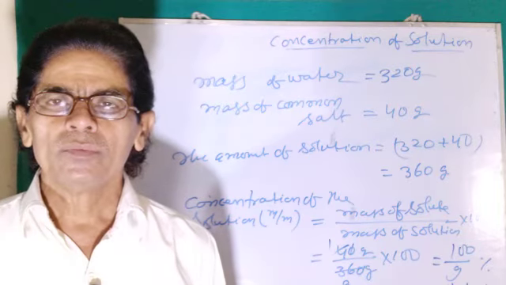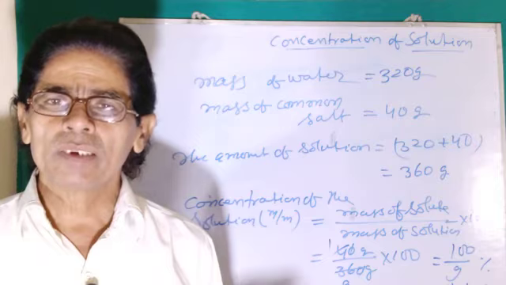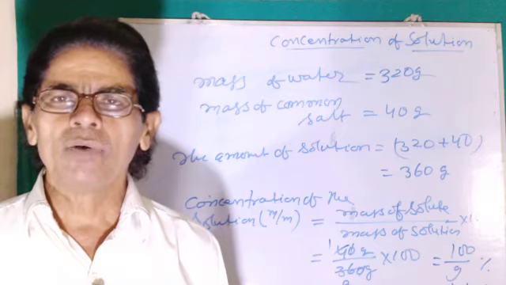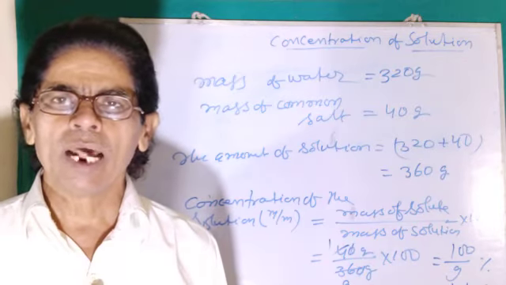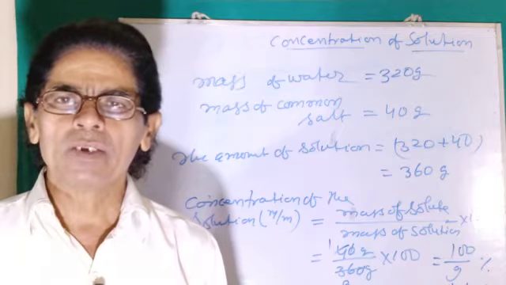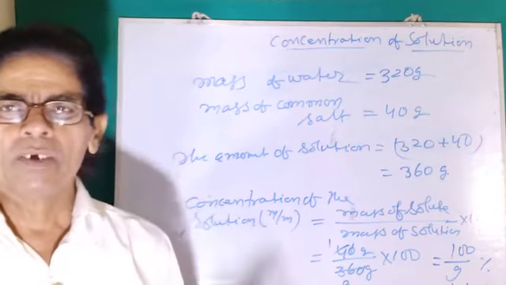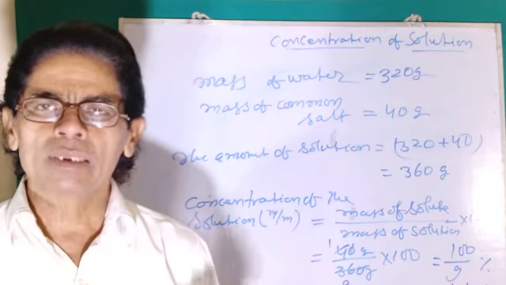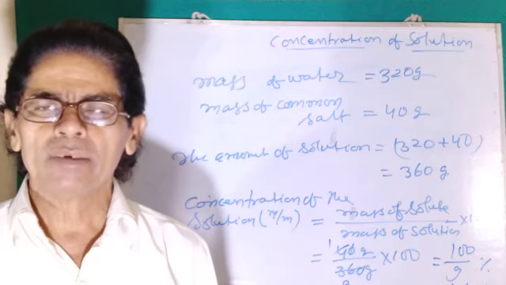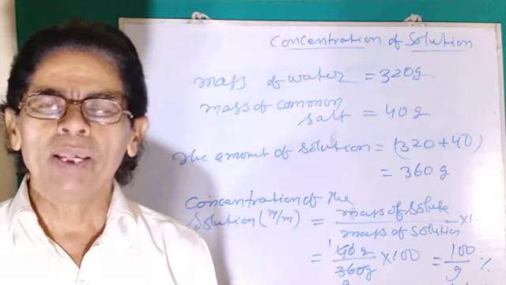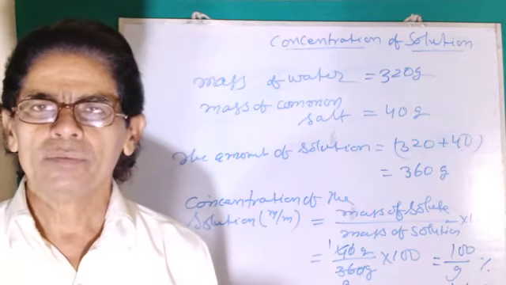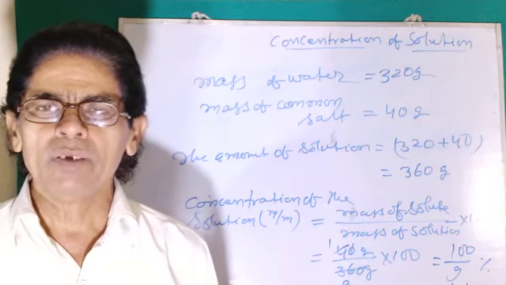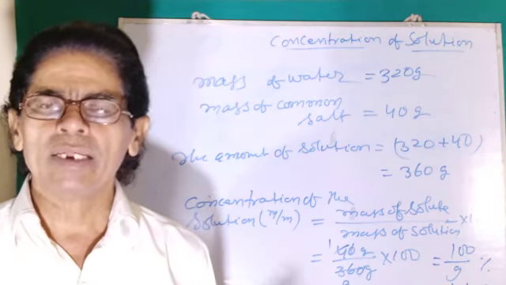A suspension is considered as a heterogeneous mixture in which the solvent is present in larger amount and solute particles are present in a smaller amount, even then they are scattered throughout the solvent and they make a separate boundary. Means their particles are visible to us. They may be observed even with the naked eyes.